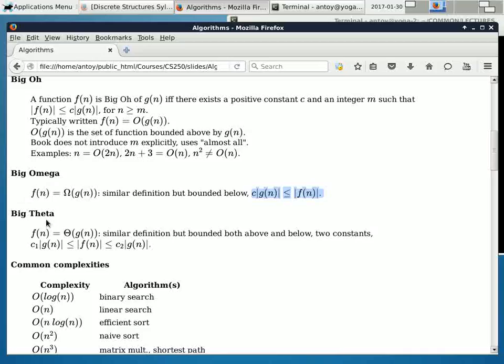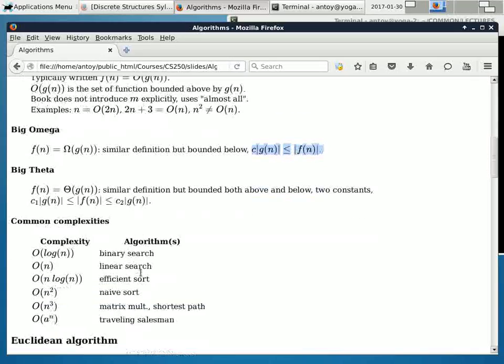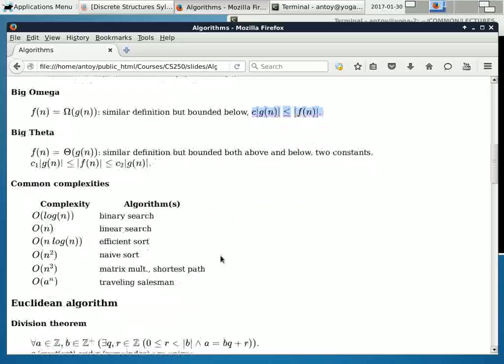And big omega, the one that grows no slower than g of n. And big theta, the one that grows exactly the same. So it's interesting to know what is the complexity of some algorithms.